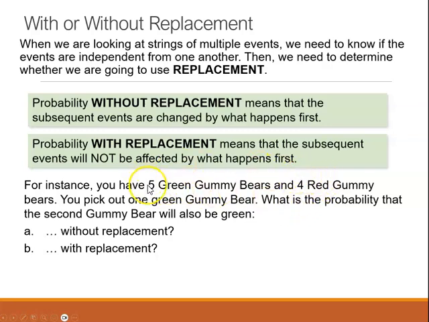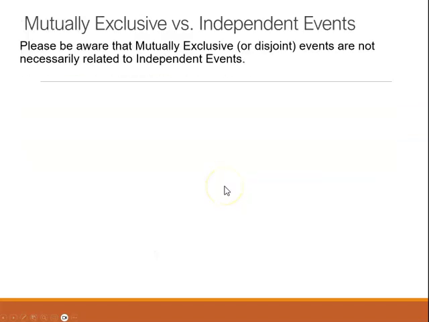And there's 8 total gummy bears left then. So the probability of getting a second green one would be 4 out of 8. Everybody's okay with that? If we are replacing it, well, then there's still 5 green gummy bears left and 9 total gummy bears. So the probability with replacement would be 5 out of 9. Does everybody feel good on this? Pretty straightforward, right?